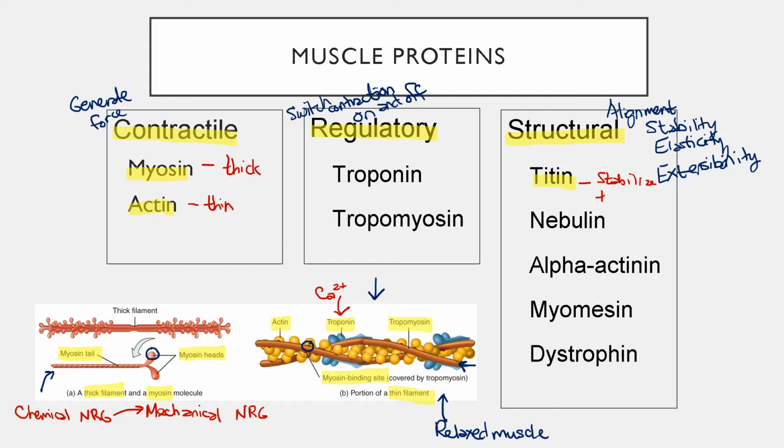So stabilize the thick filament is what this one does, by connecting the Z disc to the M line of the sarcomere. Now the dense material of the Z discs contains molecules of alpha-actinin, and this binds the actin molecules of the thin filaments to titin.